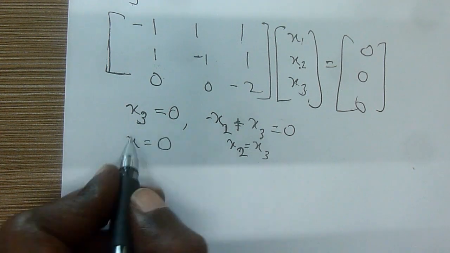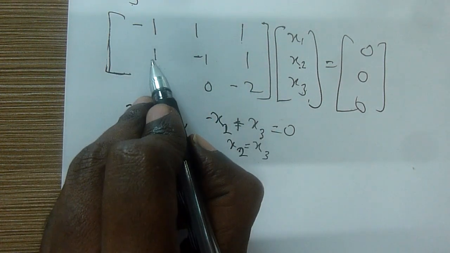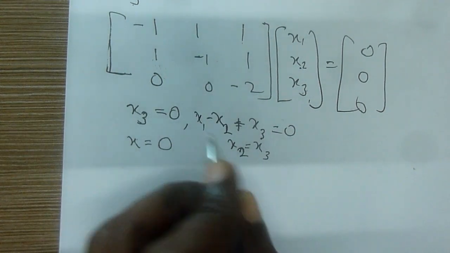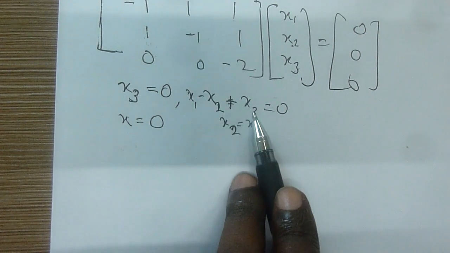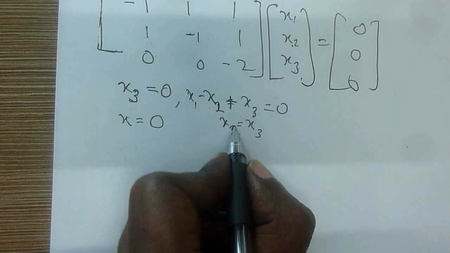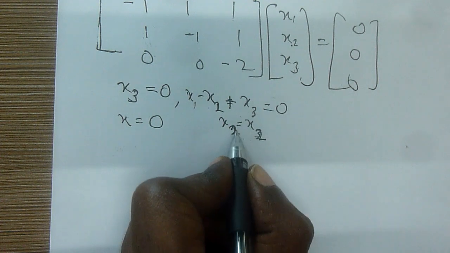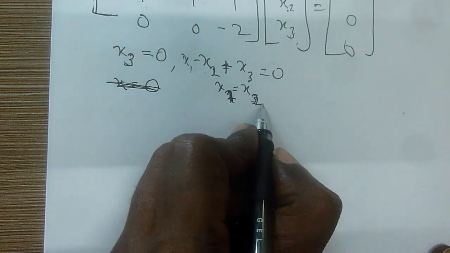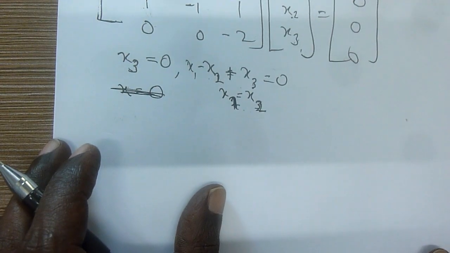Okay, if x3 is a 0, I missed this one, x1. Okay, x1 x3 is a 0, therefore x1 equals to x2. Sorry, this is correct. Okay, x1 equals to 0, therefore I make a whole equation for that.